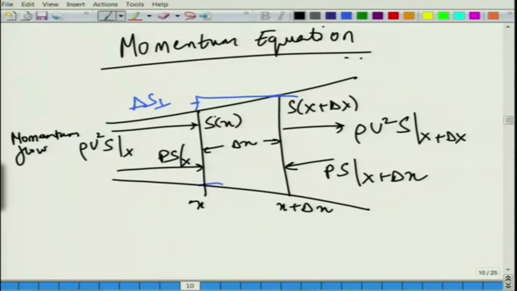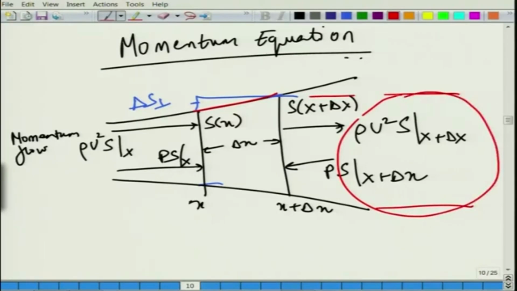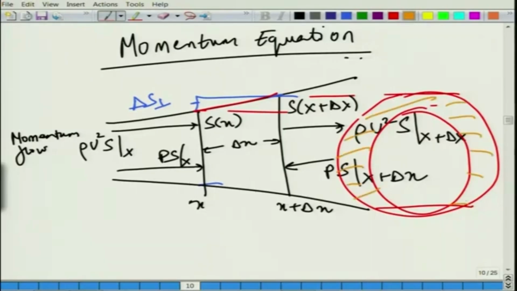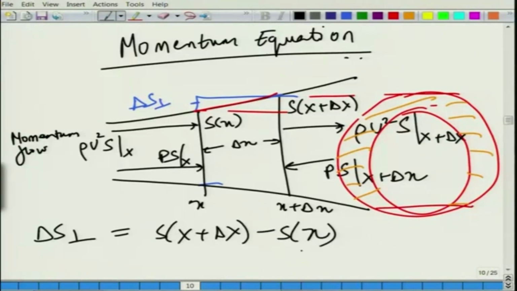Now, here comes the crucial part of the derivation. This is the gradually varying flare. So, this was the projected area, let me project this area. It will overlap with this term, do not mind. This was like this and this part is like this. So, basically we are looking at the annular area. What is the difference? When we consider delta S perpendicular, what we actually get is S at x plus delta x minus S of x.